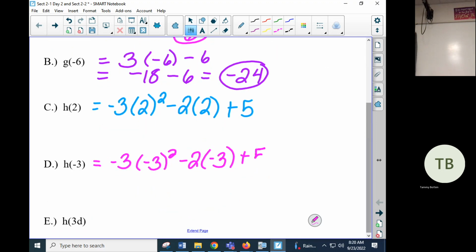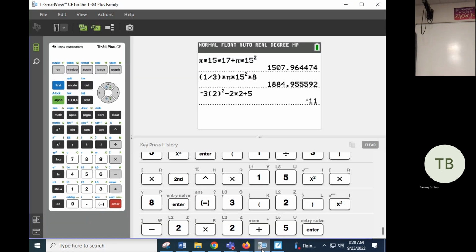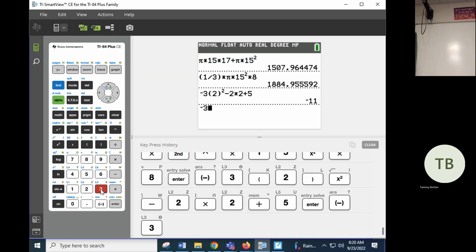So I would always be careful, especially when you have a negative, put it in parentheses, and then you can just punch that right into your calculator, right? So if we go to our calculator, we would go -3, and then what's going to change from this one to this one is just where you had the 2 in this case is going to become a -3.